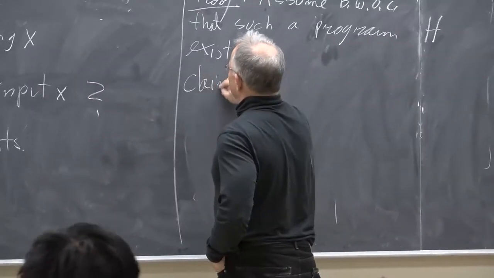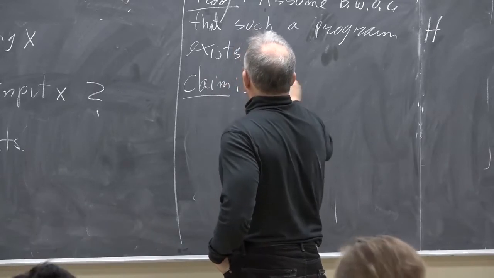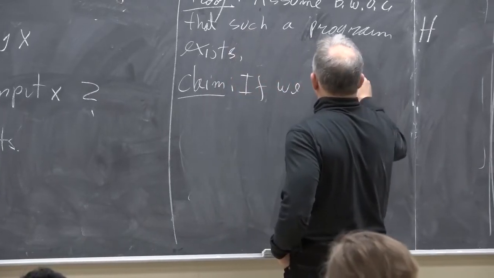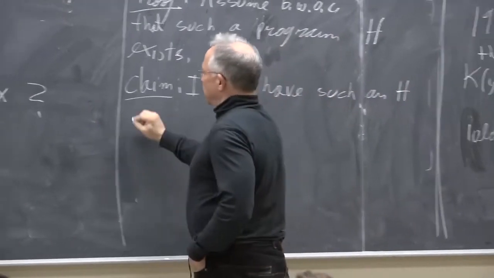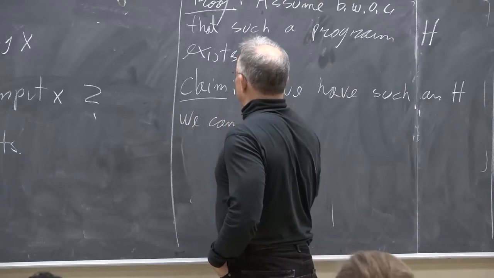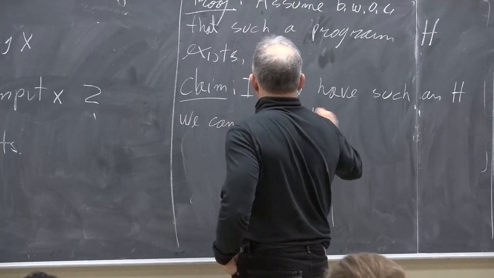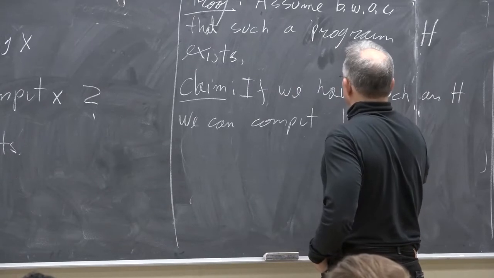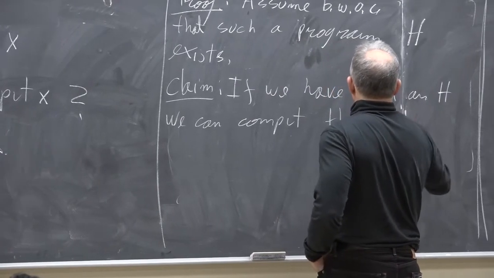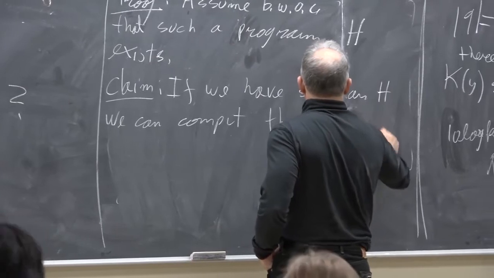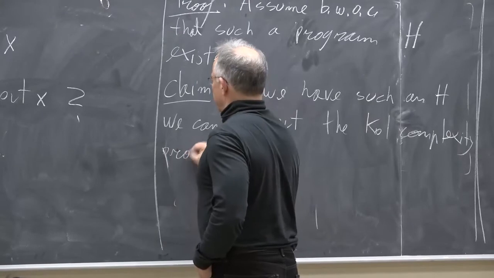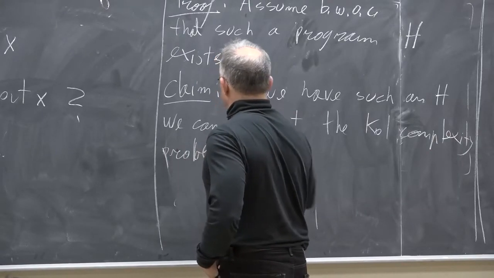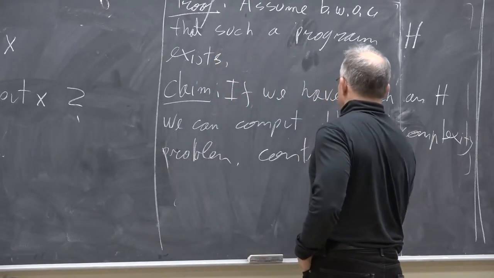So now we claim if we have such an H, we can compute the Kolmogorov complexity problem. And that's a contradiction, because we just showed that you cannot.